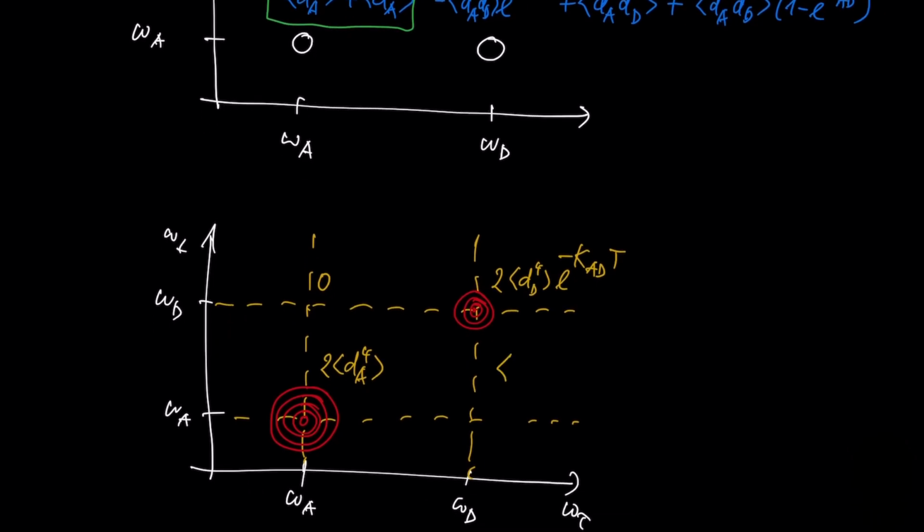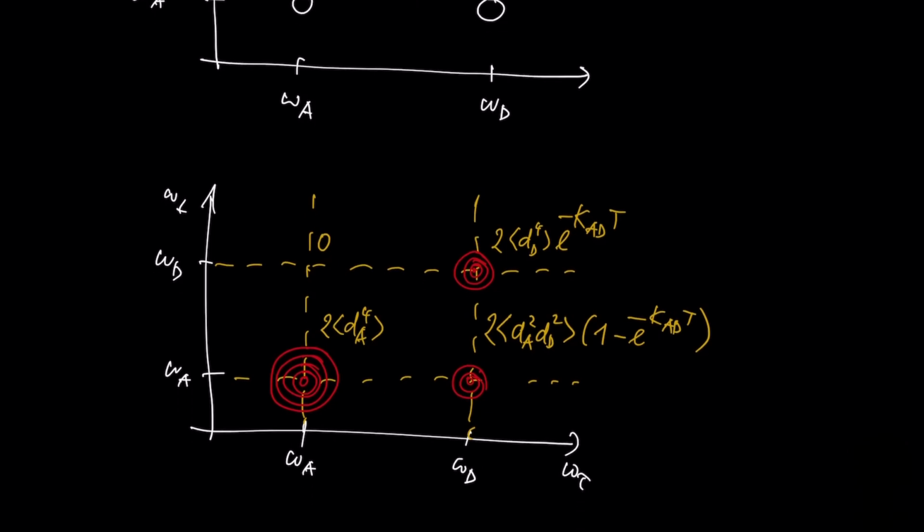The dipole factor is the same, so it's dA square dd square, and you can see that we have twice the contribution. That looks like 1 minus e to the power KAD. So this is a rising peak, which is in fact 0 at capital T equals 0.